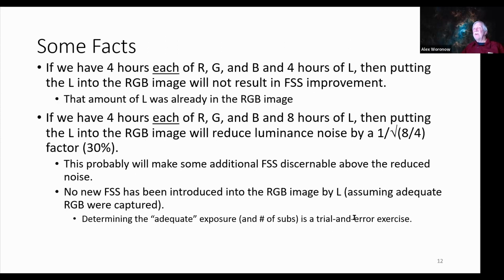Okay, so looking at this quantitatively, say we had 4 hours each of R, G, and B as well, and we had 4 hours of L. This is very common. People will get about the same L that they have RGB. They then substitute that L into the RGB image. If we have 4 hours each of this, we add R plus G plus B, we get 12, and we divide by 3, we get 4.